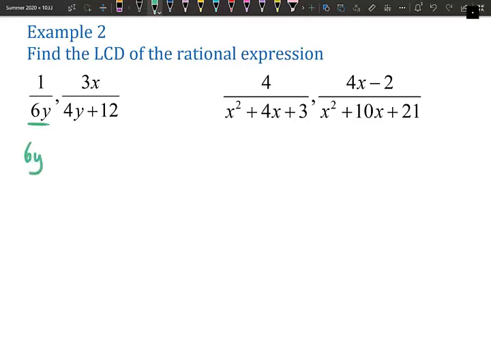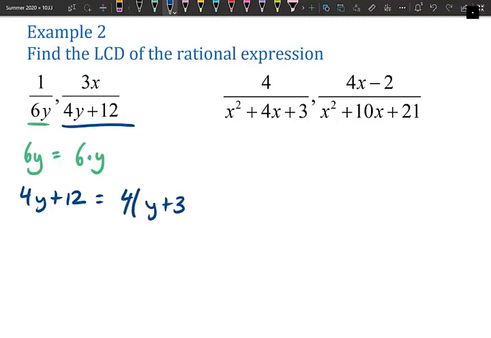So we're going to take out 6y, and 6y is 6 times y. Technically, it's factored. Then we have 4y plus 12, and we can factor that because we can take a 4 out. When we do, we're left with y plus 3. Now we can find our common denominator, our LCD.